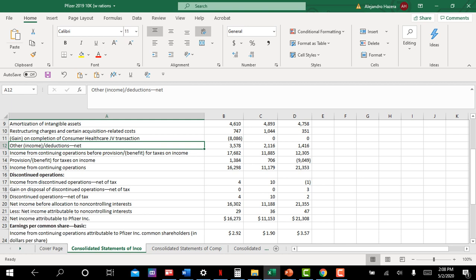Let's see where that could be. We want a worksheet which gives us detail on other income and deductions. Believe me, you're going to see about 8 worksheets that give you the detail of this line item. I'm going to keep going past the consolidated statements, restructuring. Now you have other income deductions, net, so that looks like a footnote.